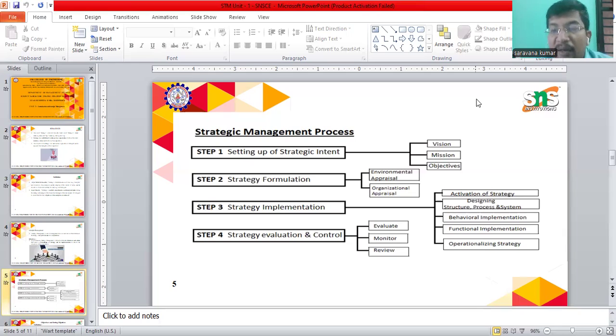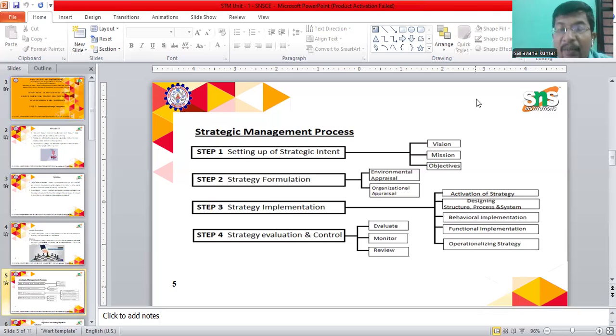External environment is like PEST analysis: political, economic, social, technological, customers, suppliers. For example, the budget is an external environment, right? So that is environmental appraisal. You are going to analyze the internal and external environment, then frame the strategy. In organizational appraisal, you are going to appraise the whole organization.